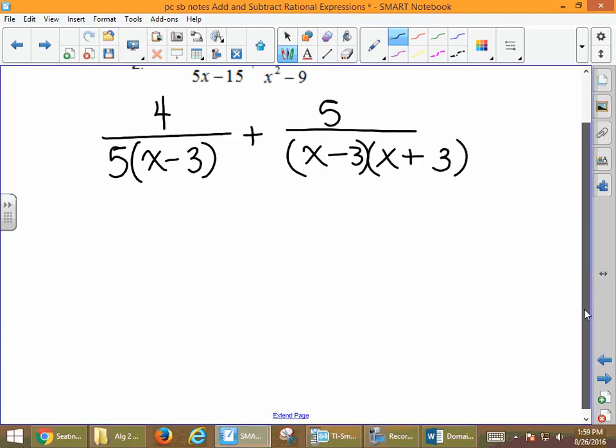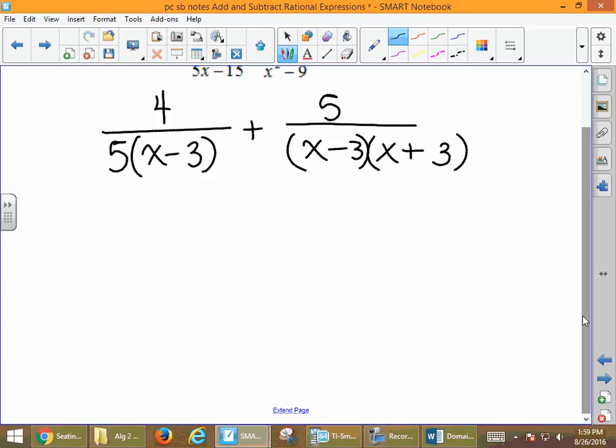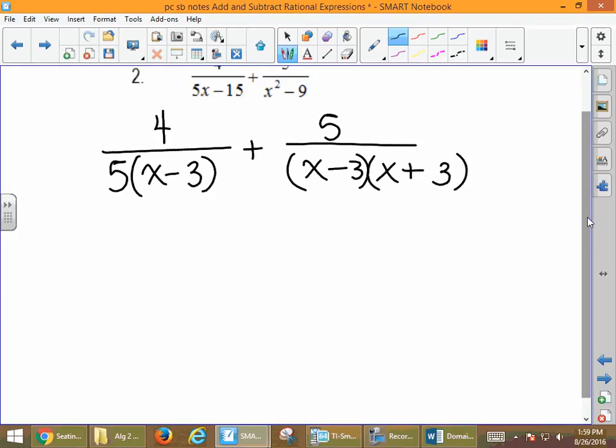And what we want to look at here is, do we have anything the same in both of them? And we have an x minus 3 and an x minus 3. We've got that binomial, x minus 3, in both of them. So that's going to be part of our common denominator. The other two values that are going to be part of our common denominator: we have a 5 in this fraction in the denominator, but we don't have one there.